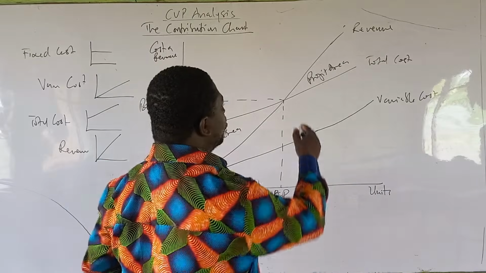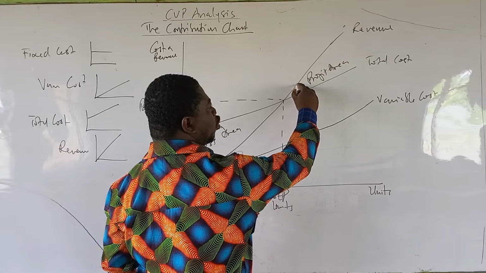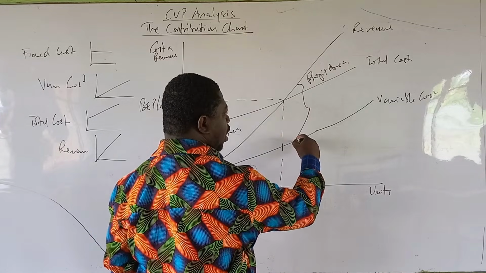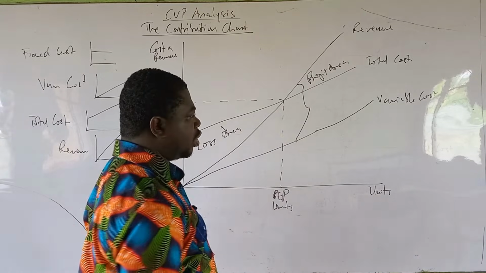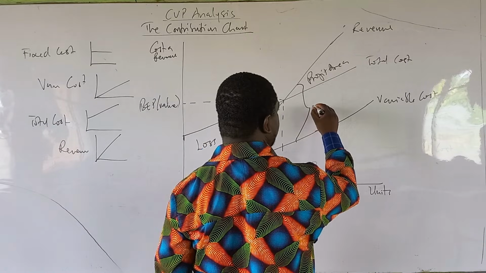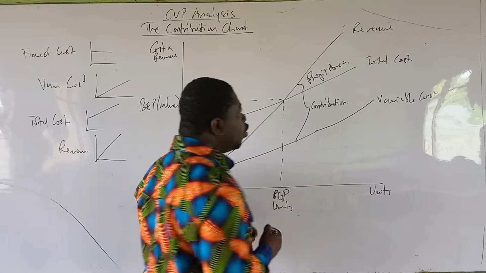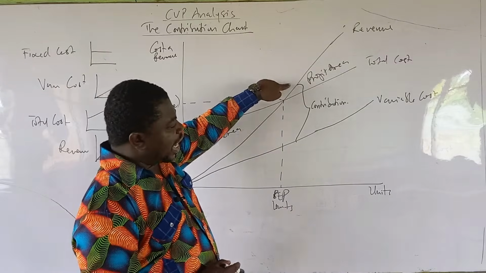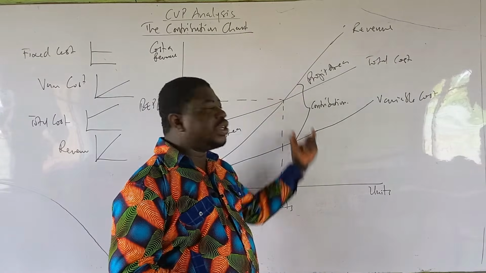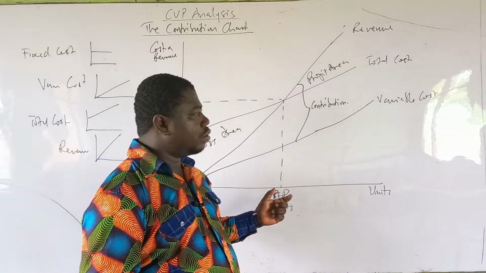So in between here, from your total revenue down to the variable cost, you call it contribution. Please take note: from the revenue line to the variable cost line, in between is your contribution area.